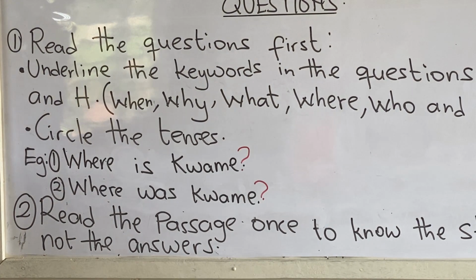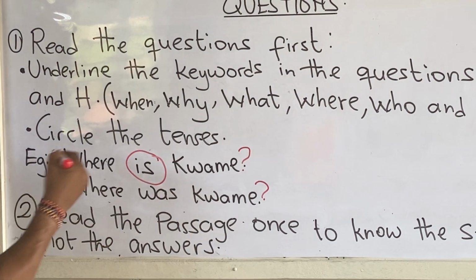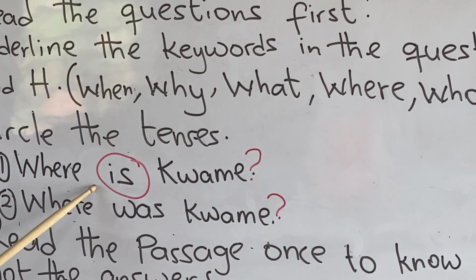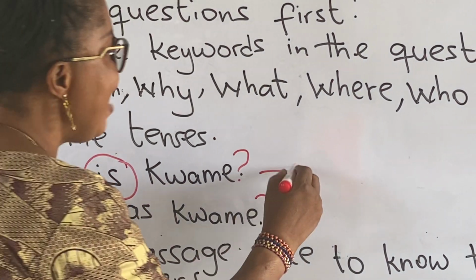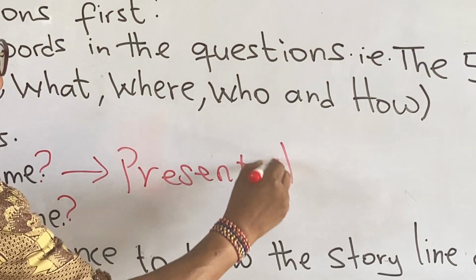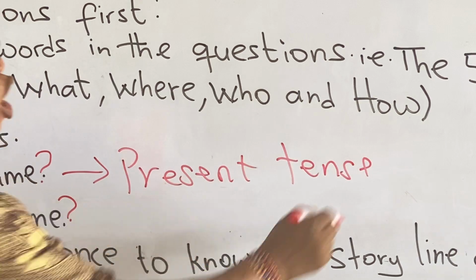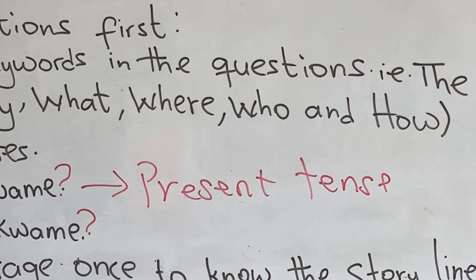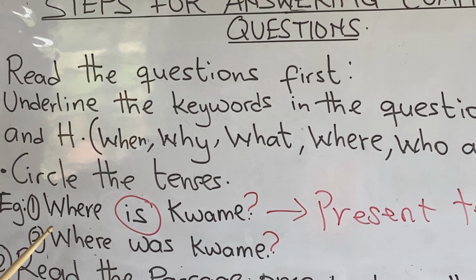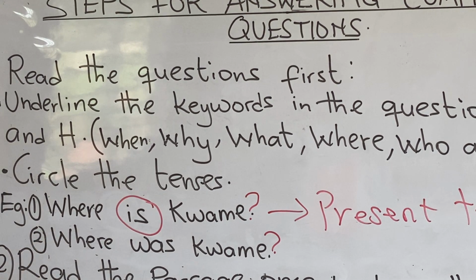Now, the verb here is "is". The tense is the present. So it means when we're answering this question, the answer should be in the present tense.